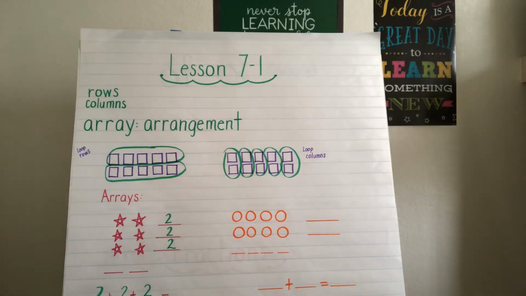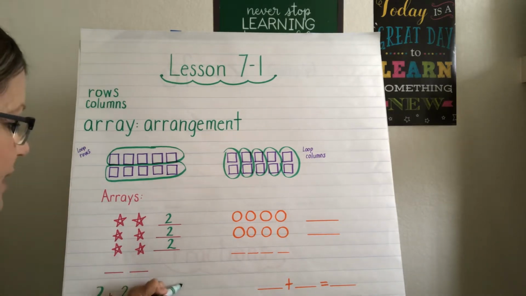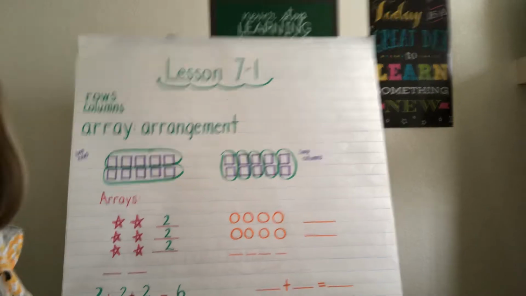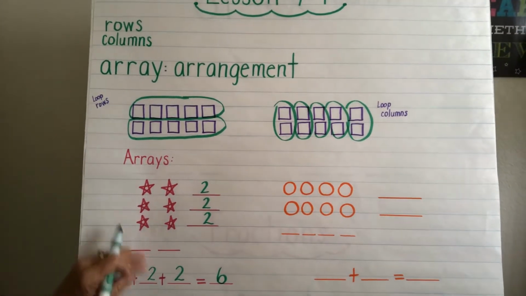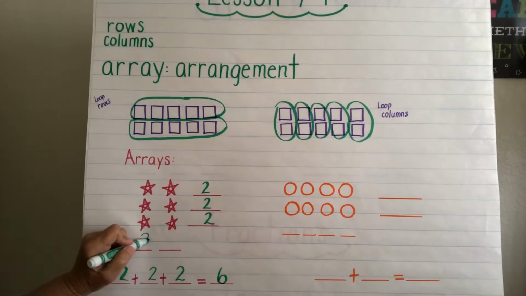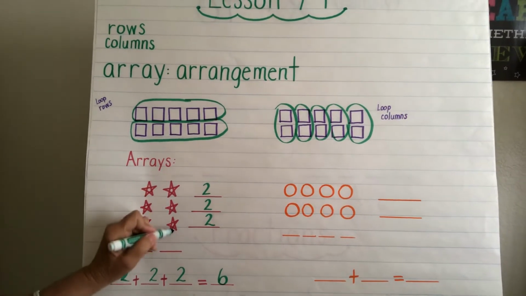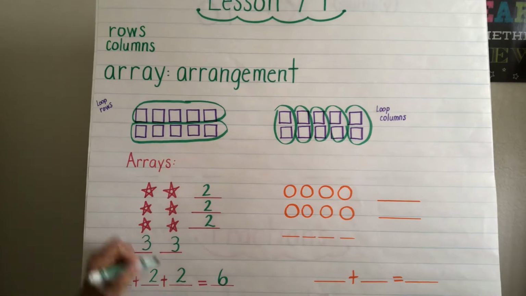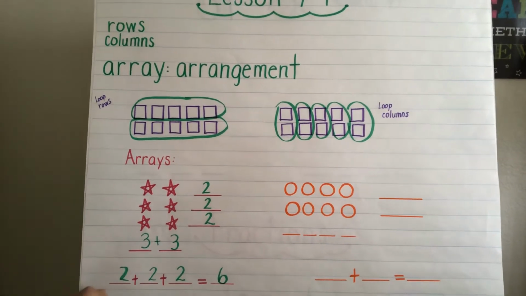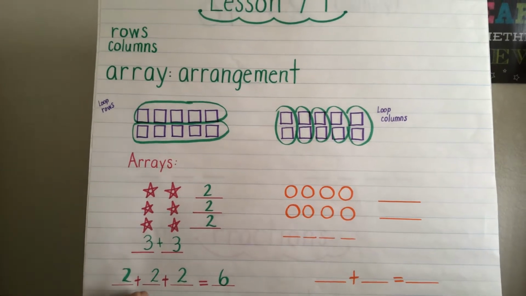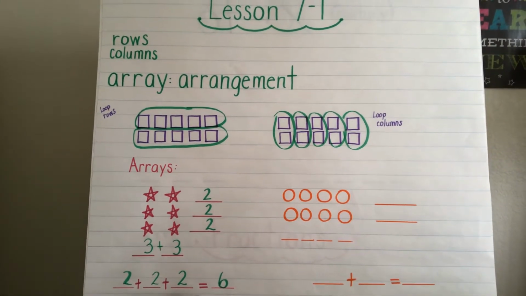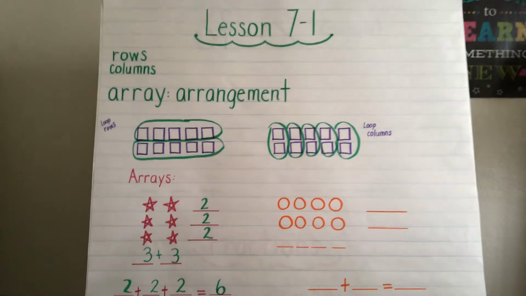What does that equal? 2, 4, 6. It equals 6. Okay, another way of looking at this is to look at the columns. In this column, I have 3, and in this column, I have 3. Now, I can add these 3's together. I'm going to do that right down here. And I know that 3 plus 3 equals 6.